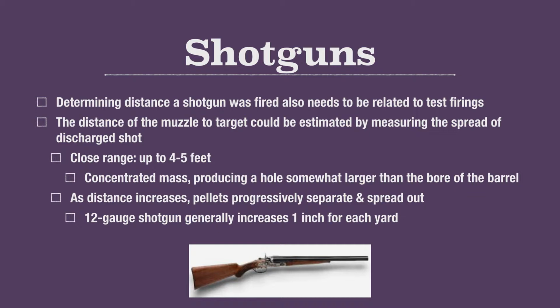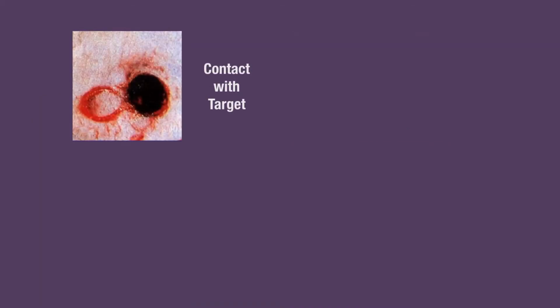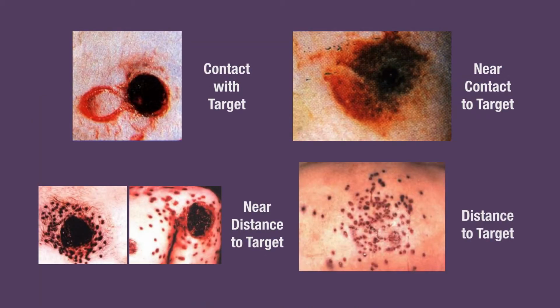The choke of the gun is the degree of constriction placed at the muzzle end of the barrel to control the shot dispersal, because within a shotgun shell there are pellets. So these are some pictures of shotgun wounds at varying distances.